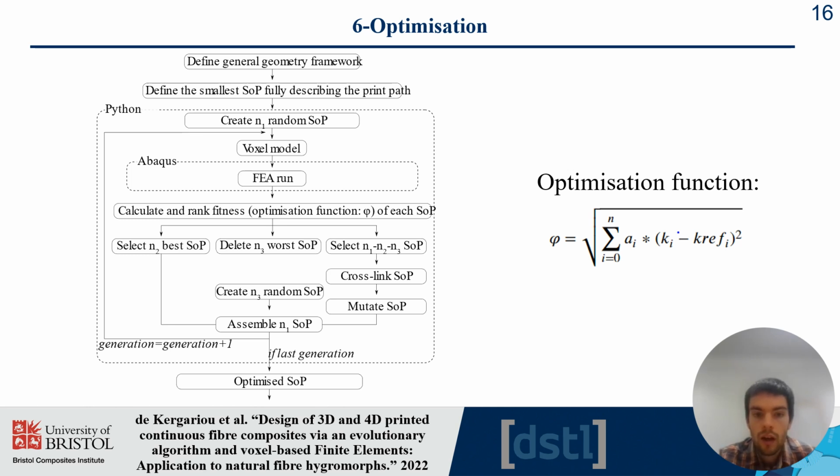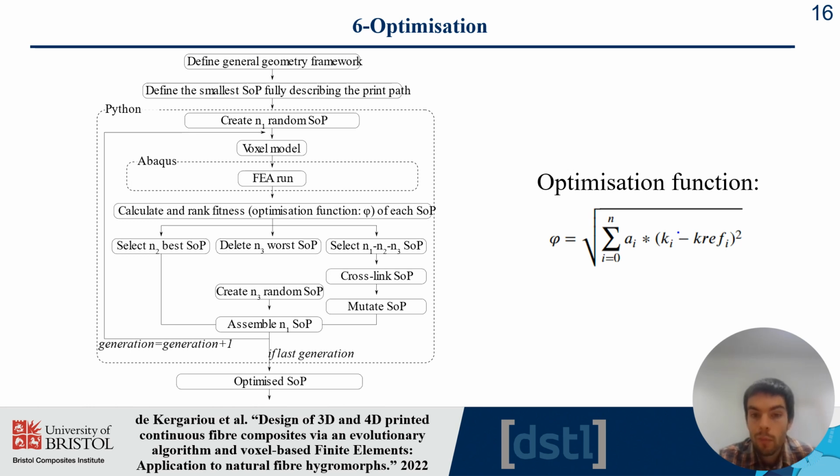The worst are deleted completely, and the rest are cross-linked and mutated like in a normal genetic algorithm, and then assembled with the best ones from the previous round. And there is a new set of random SOPs that comes to complement this.